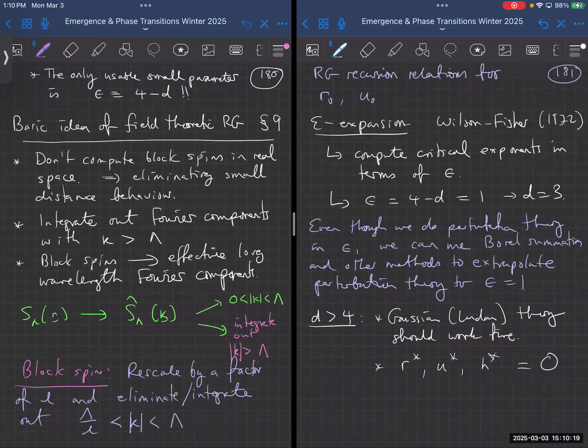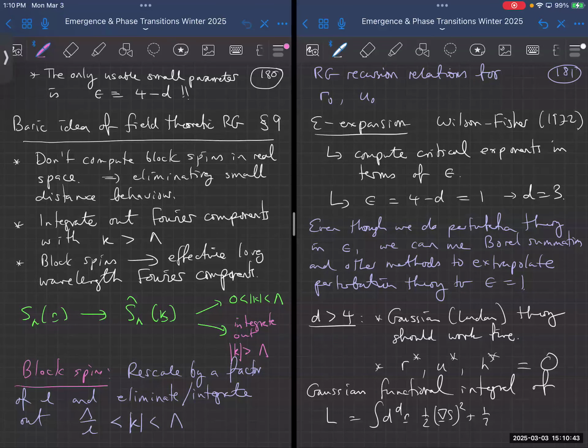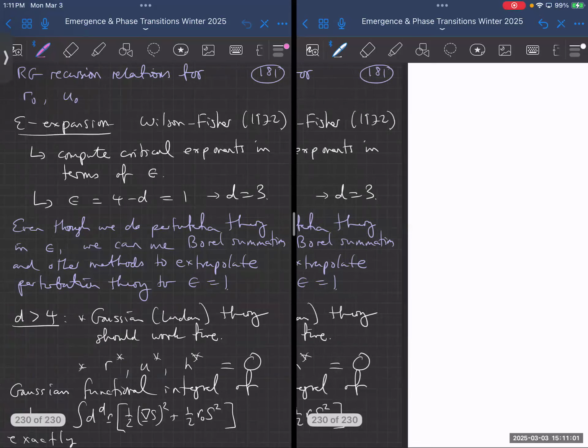And so this should be a Gaussian functional integral of L, which is just the integral of d^d r of 1/2 grad s squared plus 1/2 r naught s squared. This we can do exactly, because it's a quadratic form in an exponential, and we know how to do Gaussian integrals, and you've done them in the homework.